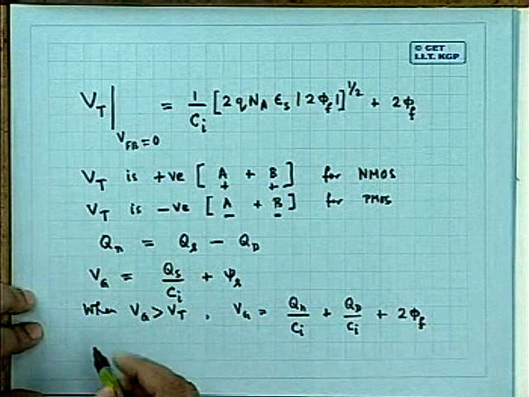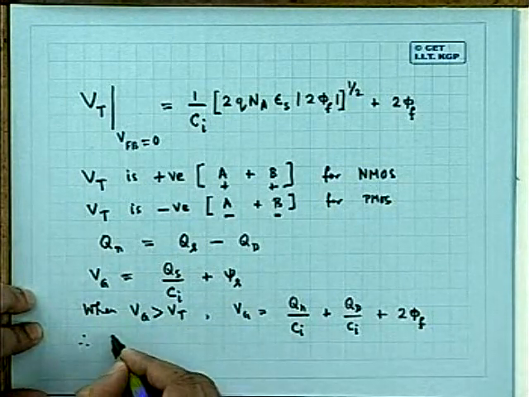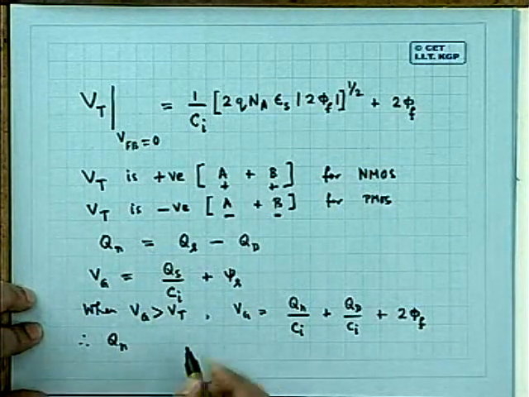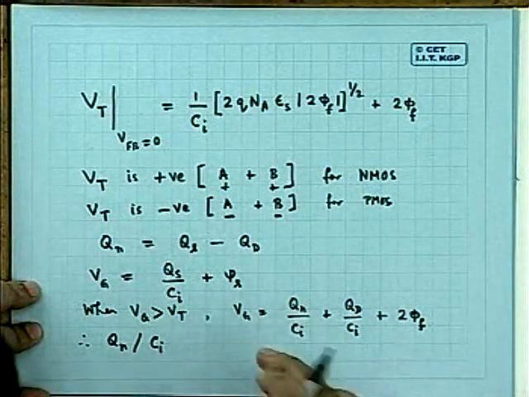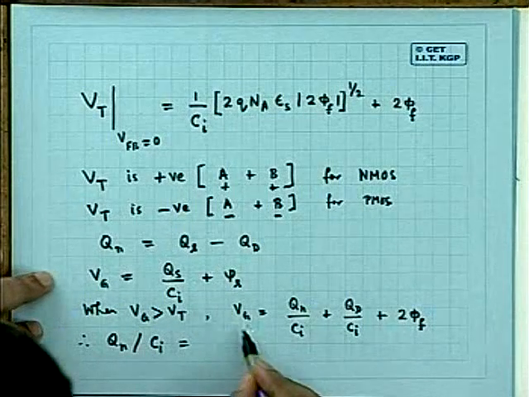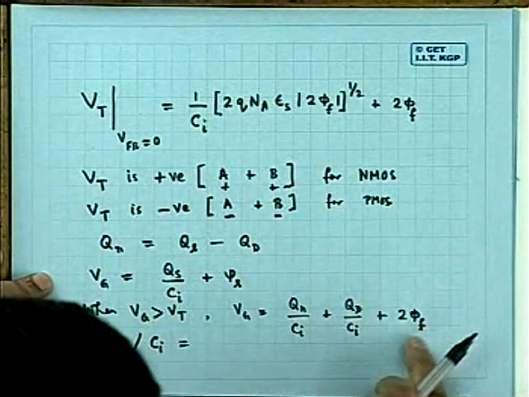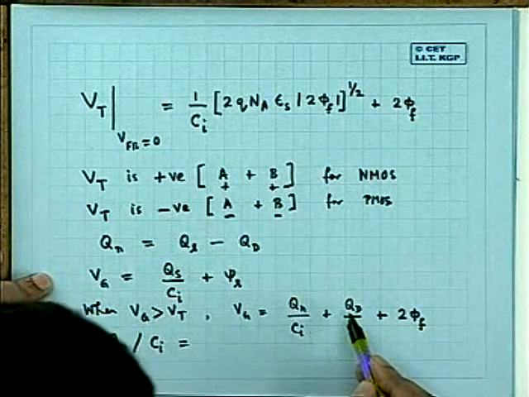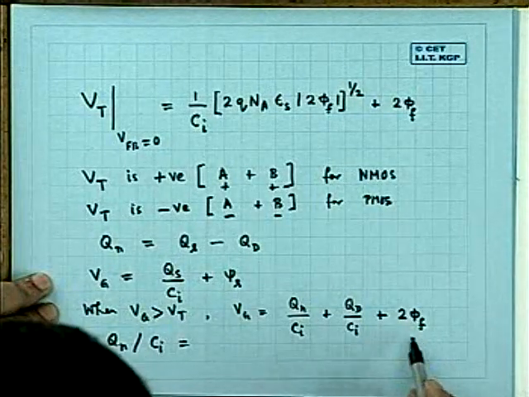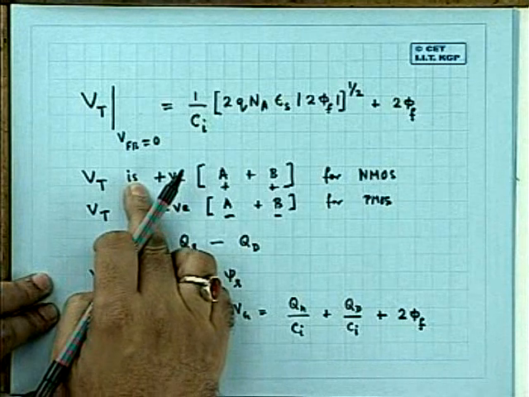Then you can easily find out from the same thing that Qn by Ci is equal to, what is this thing? This Qd by Ci plus twice phi f, what is it? It is the threshold voltage under ideal condition.